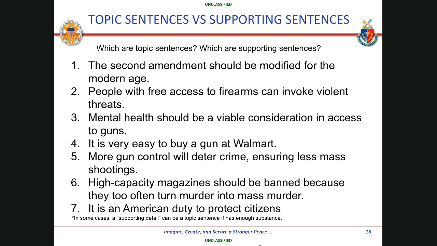I don't know if you can use it as evidence or if you can use it to support another topic sentence, but I really can't explain it. I think this one is a little vague, right?